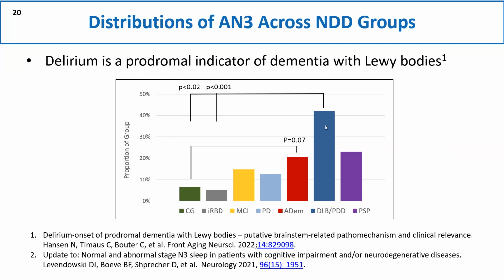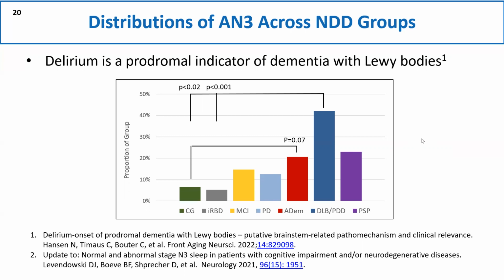What we found was that about 43% of the Lewy body dementia subjects had abnormal atypical N3 sleep, and that proportion was significantly greater than the controls or those with RBD. We were also close to significant in the proportion of AD patients who had abnormal atypical N3 sleep.